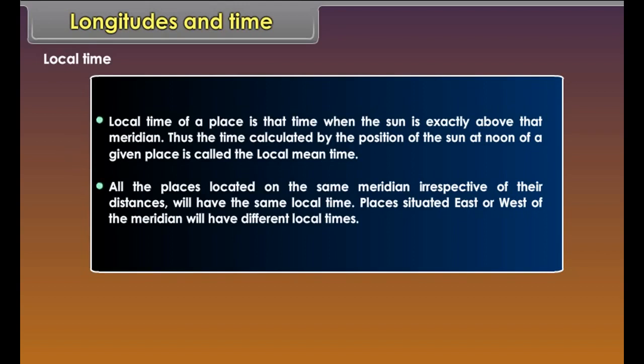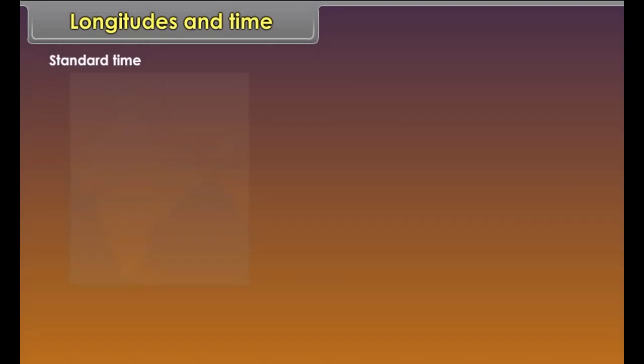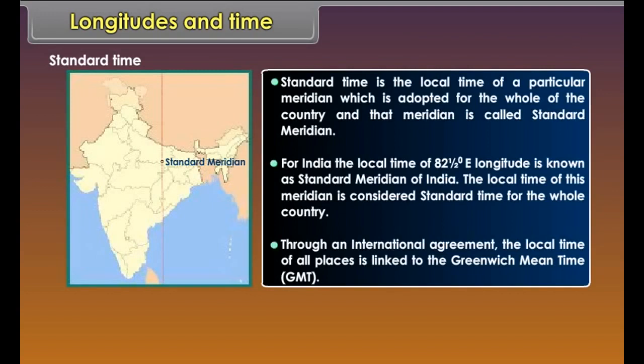The Earth moves from west to east. That is why the time will be ahead of Greenwich in the east and behind Greenwich in the west. Local time. Local time of a place is that time when the sun is exactly above that meridian.